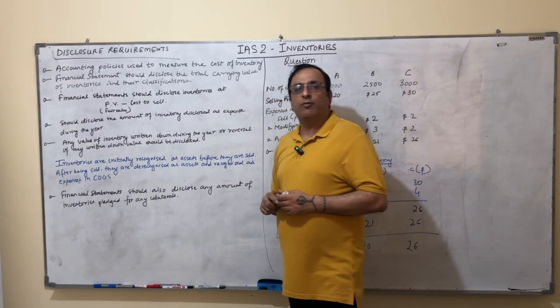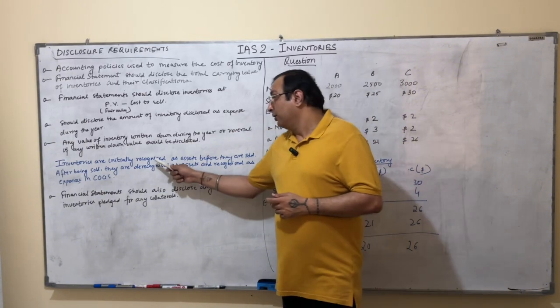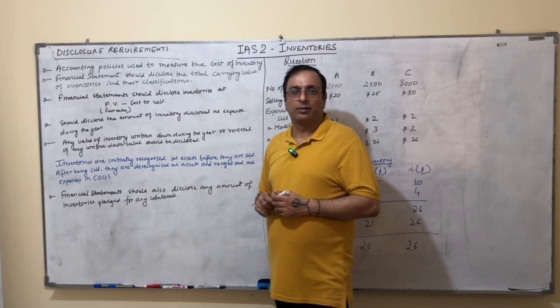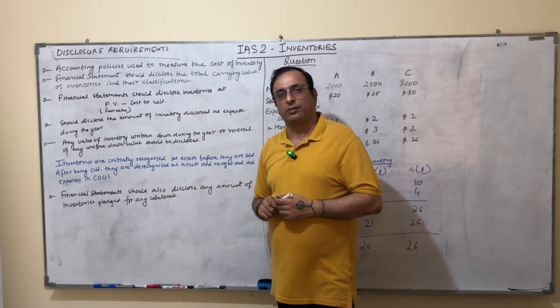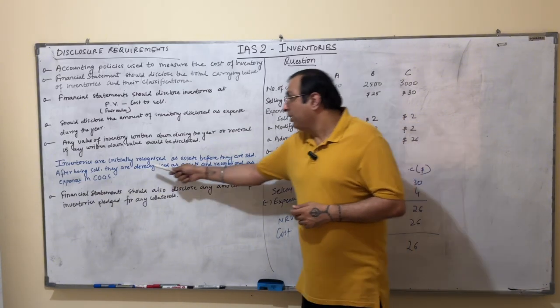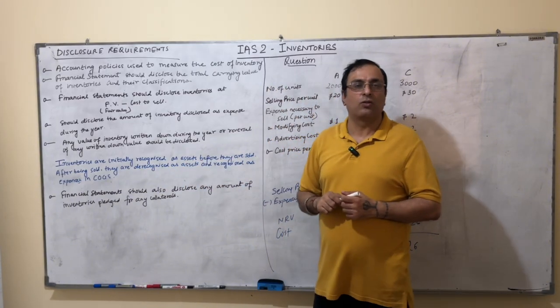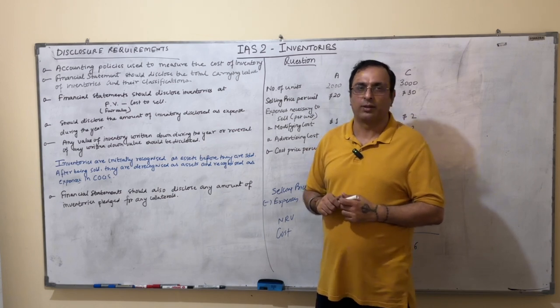Guys, when we invest in inventories, when we buy inventories, initially they are recognized as assets until they are sold. But when they are sold, they are de-recognized as assets and recognized as expenses in cost of goods sold. Right, guys?